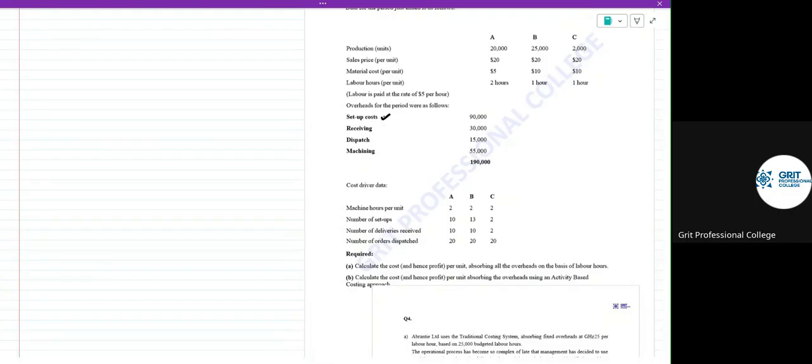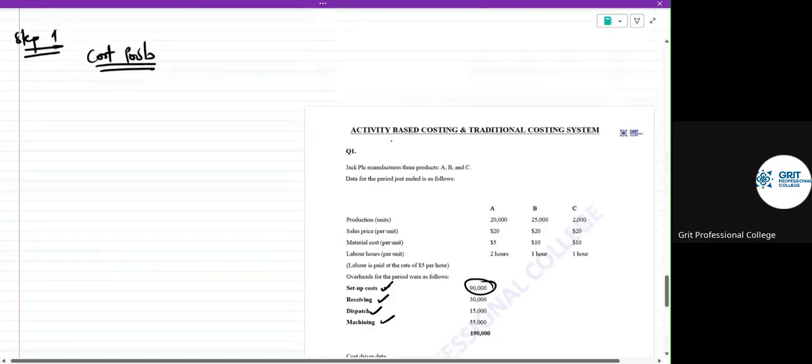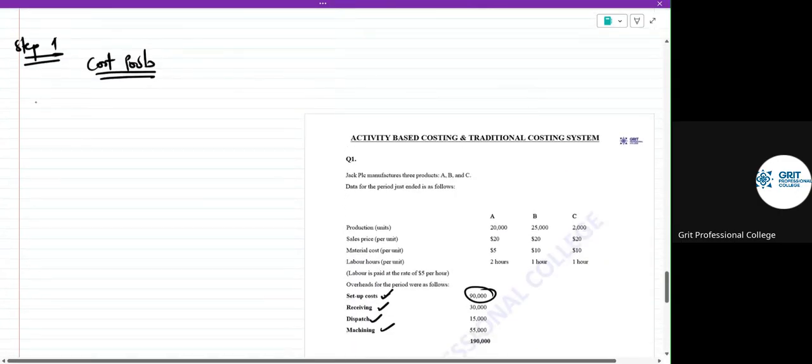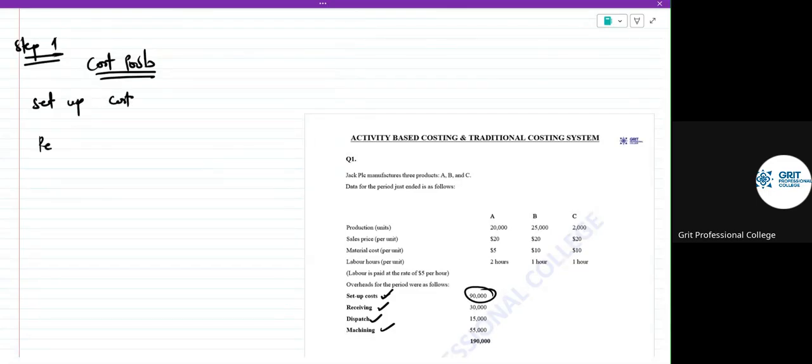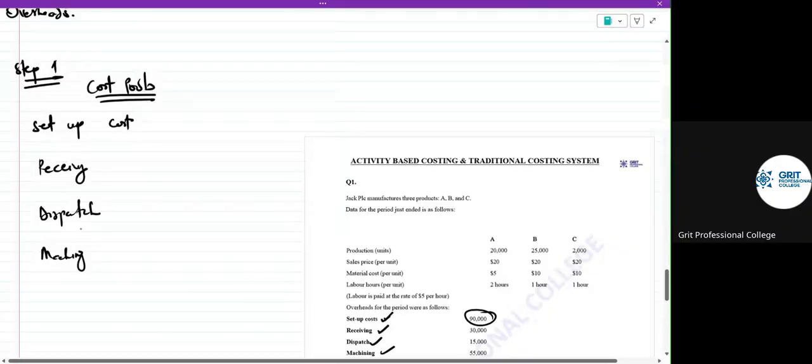So that is setup costs, where we have a total of 90,000 overheads allocated, receiving, dispatch, and machining. So let's put it like that: setup, receiving, dispatch, and then machining. Step 2 says what?